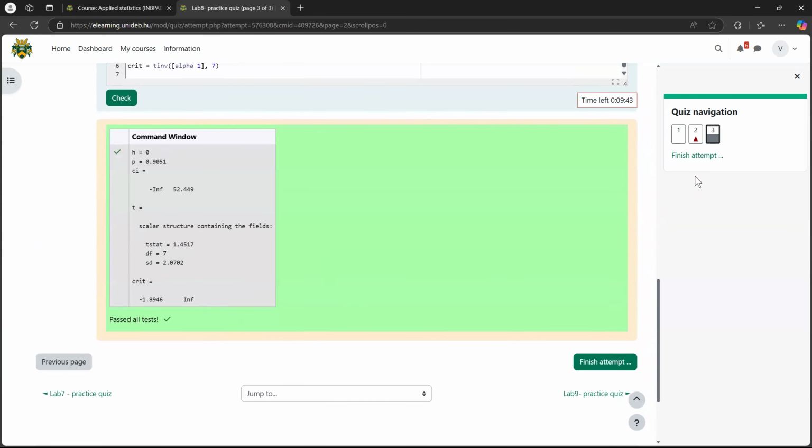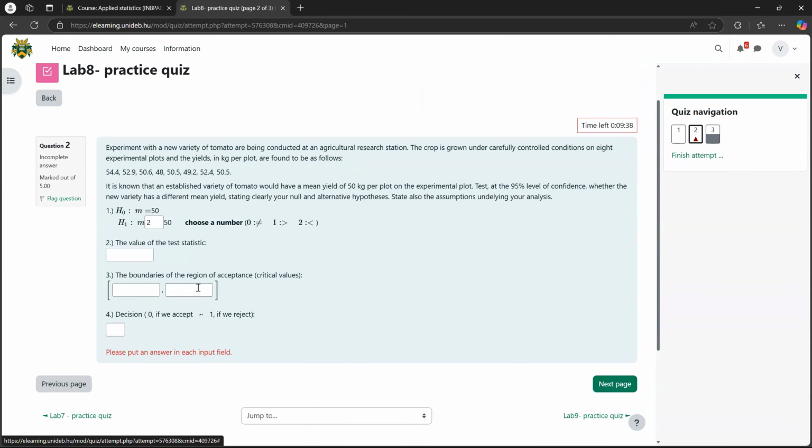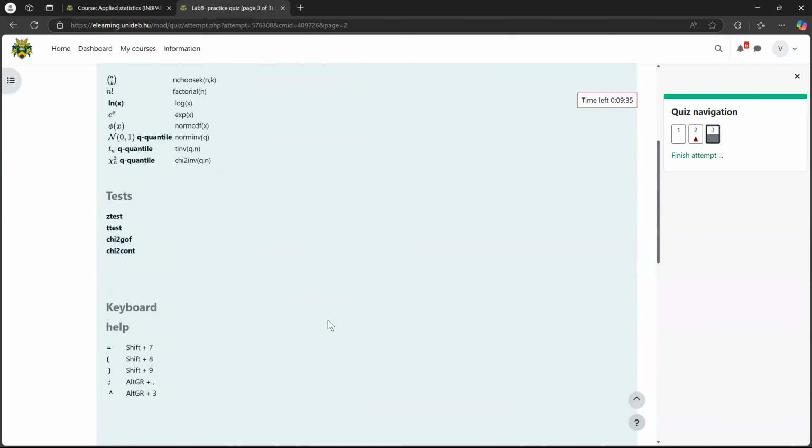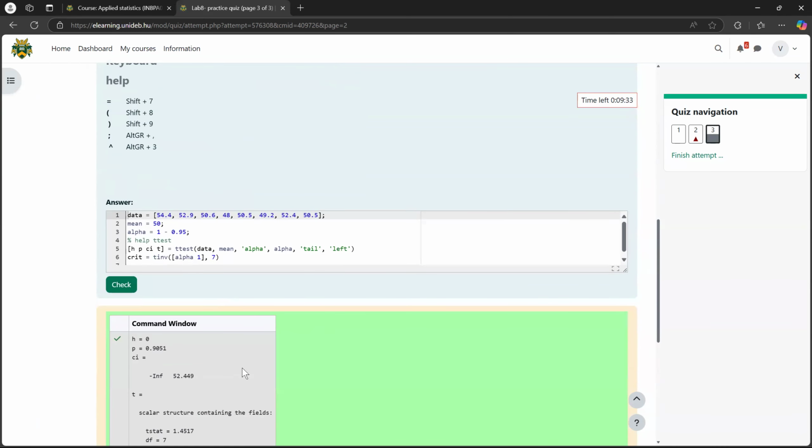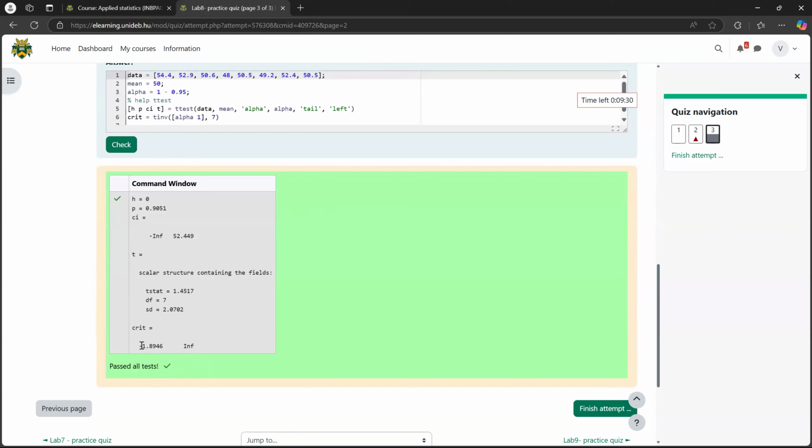And now you can start solving. No, you can start putting in the boundaries of the region of acceptance. So you can even tell by the question that infinity is expected there.